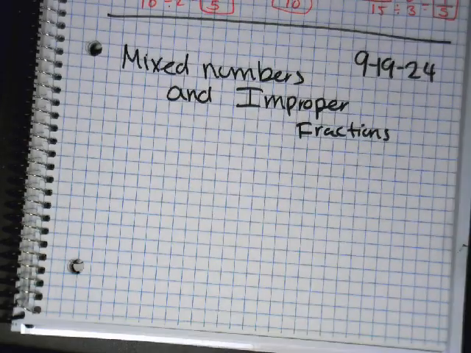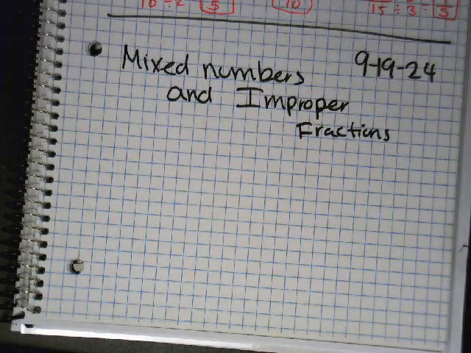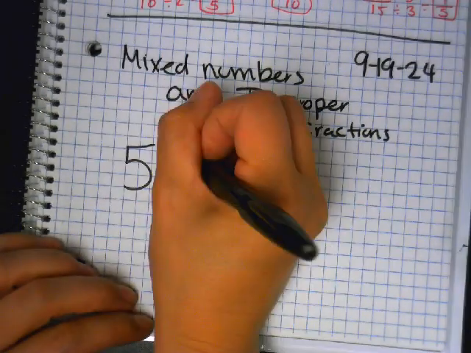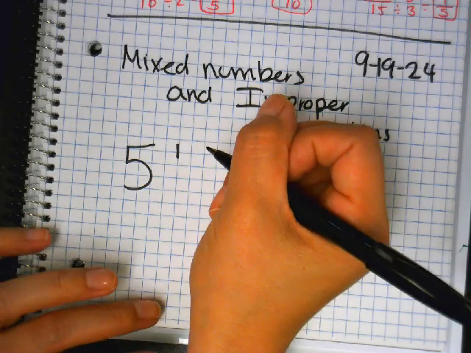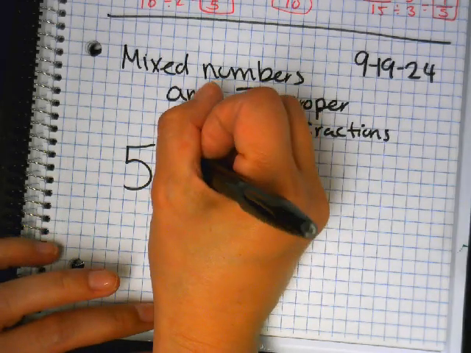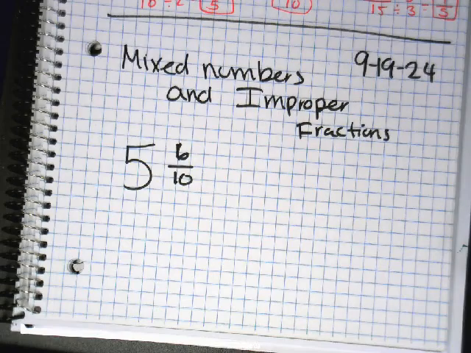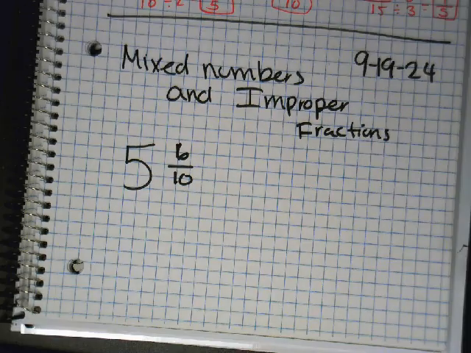Can someone give me an example of a mixed number? 5 and 6 tenths. Thank you. That is a mixed number. What is a mixed number? A mixed number has a big whole number and then a fraction to it. So a mixed number is like a mixture of both, a whole number and part of a fraction.